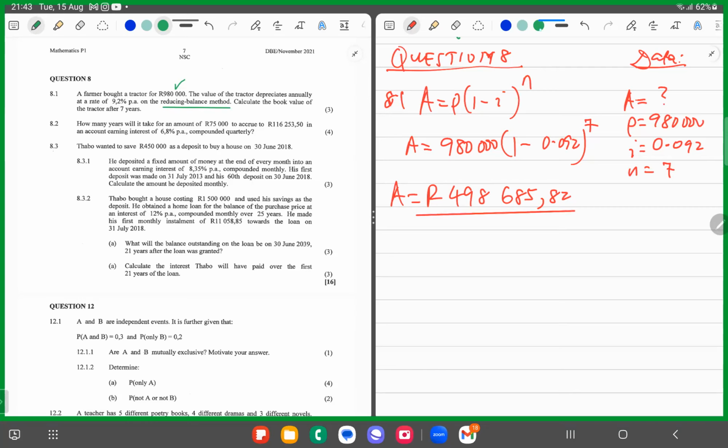So this is the book value of the tractor after 7 years. Obviously, the tractor would have undergone depreciation then. Okay, so we continue.